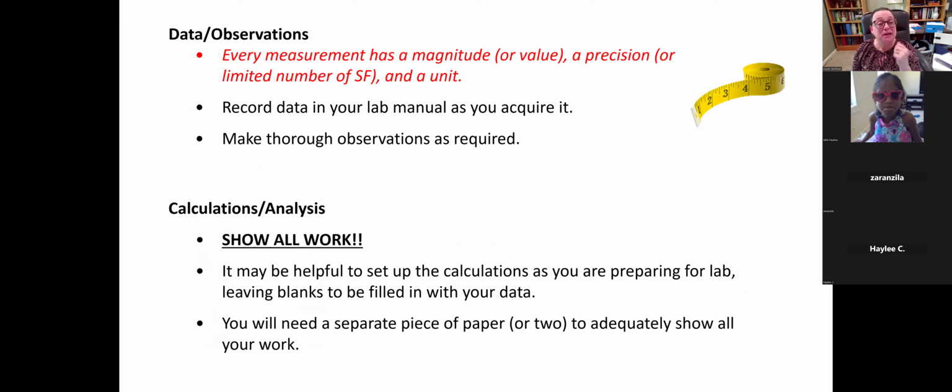Like I said, every lab has us collect some data or some observations if we're not taking a measurement with a number. But every measurement is going to have a number, the right number of sig figs, and a unit. Every lab report has points available just for taking your data correctly. Our next 2 weeks of lab are going to have us practice that.